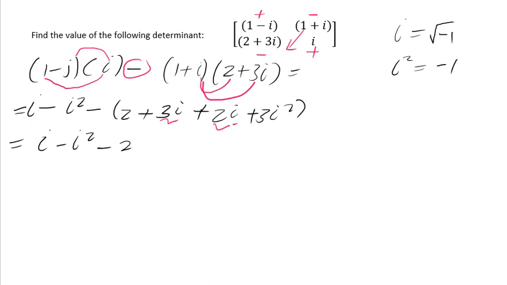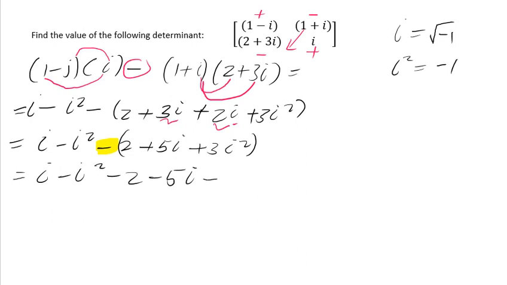Let's leave the minus outside the bracket, so you'll have plus 5i and then plus 3i squared. Then you remove the minus there by multiplying everything with the minus. So it will be equal to i minus i squared minus 2 minus 5i minus 3i squared.